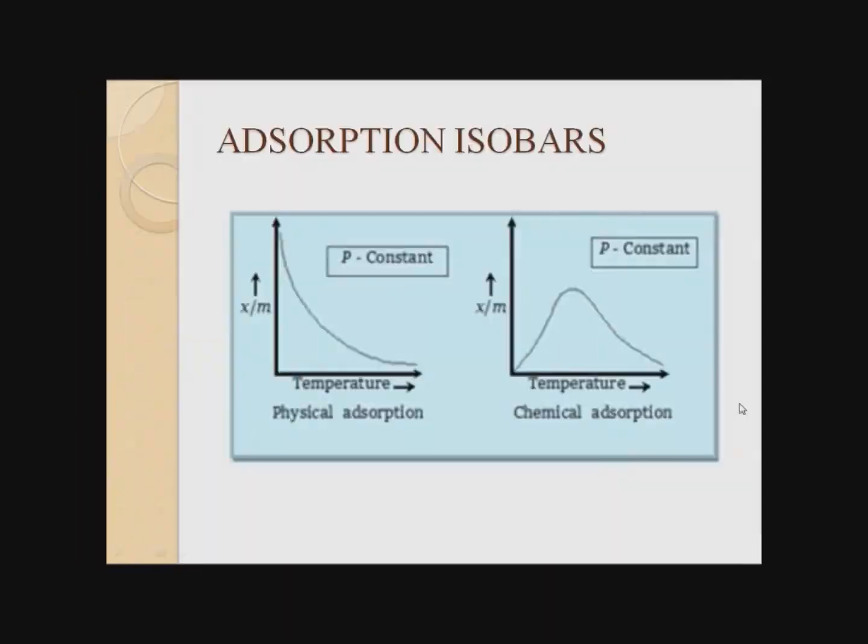Next is adsorption isobars. A graph between the amount of gas adsorbed per gram of adsorbent and the temperature at a constant equilibrium pressure of adsorbate is known as adsorption isobar. The first graph shows the physical adsorption isobar.